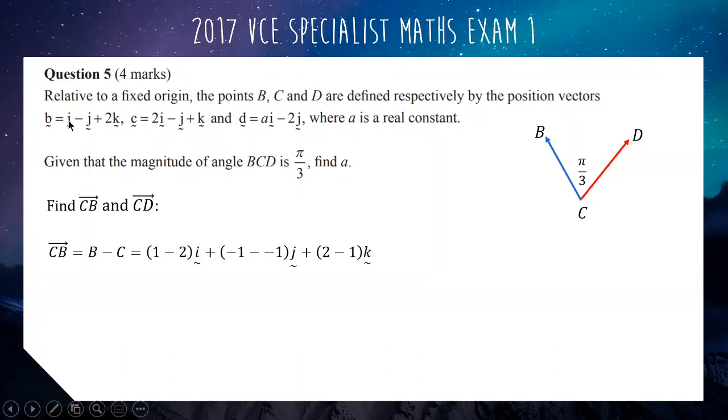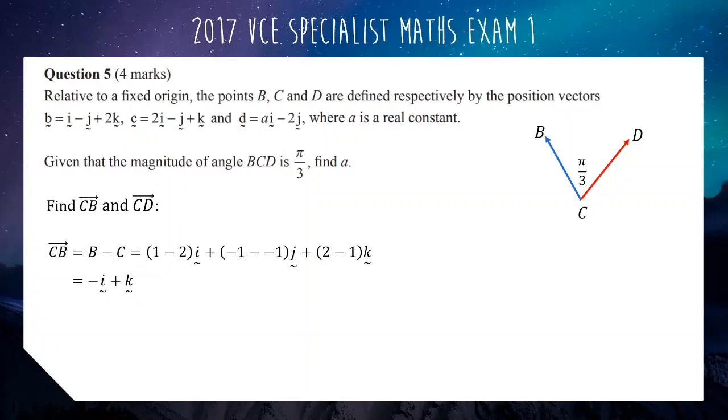We're doing 1 minus 2 for the i component, minus 1 minus 1 for the j component, and for the k, we're doing 2 minus 1. That works out to be -1 for i, we get 0 for the j, and we get 1 for k. So we just get minus i plus k. All right, so we have no j value, I suppose.